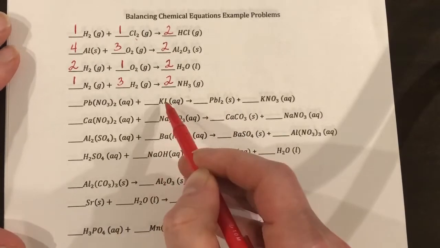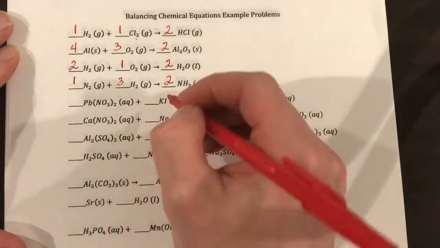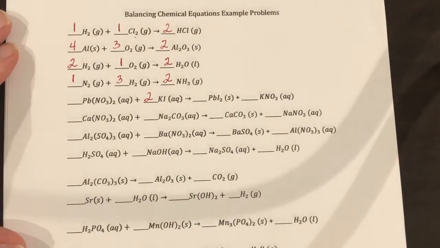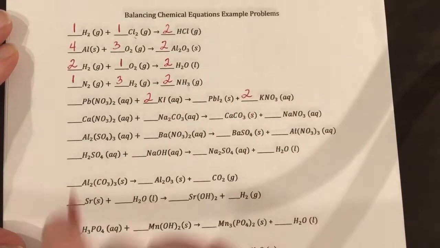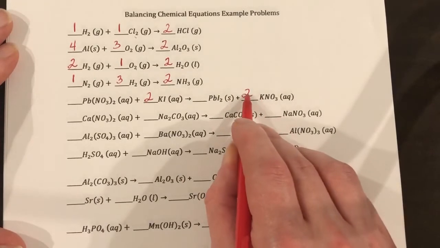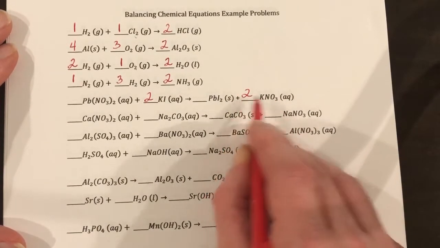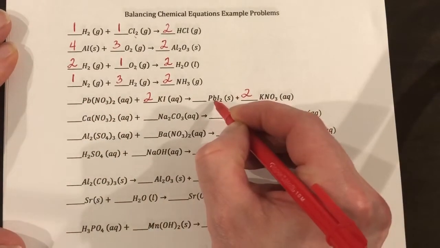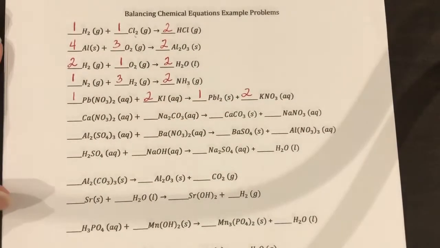So I have 1 I on this side, 2 I's on this side. So I need to change this to 2. Okay, that changes the amounts of K's. 2 K's here, I need to put 2 K's on this side. 2 K's there. 2 nitrates, NO3 is the nitrate group, so we're going to keep it together. So 2 nitrates here, 2 nitrates here. 1 Pb here, 1 Pb here. So it should be balanced like that.